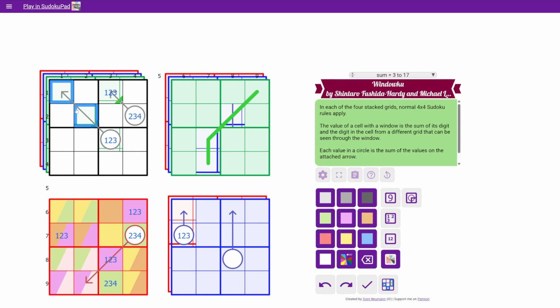The smallest I could put there is a 1, 2. Oh, right. A 1, 2, and a 1, 2 would be 2, 4, 5, 6.